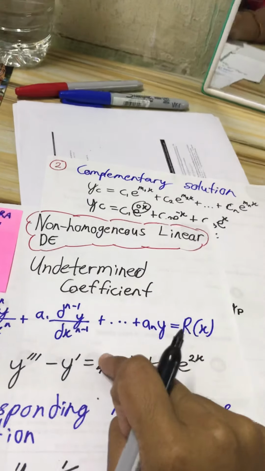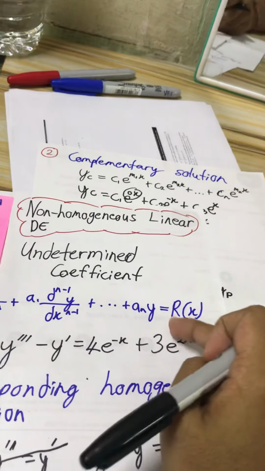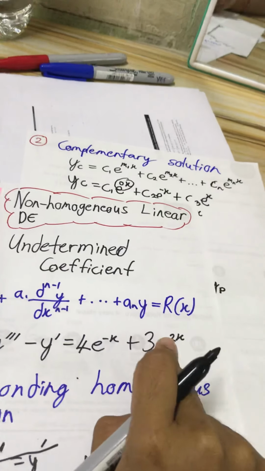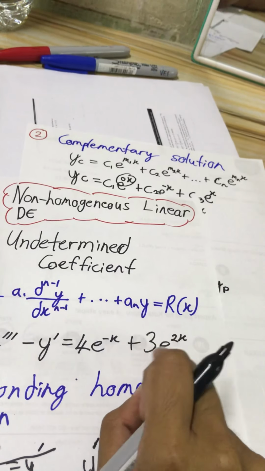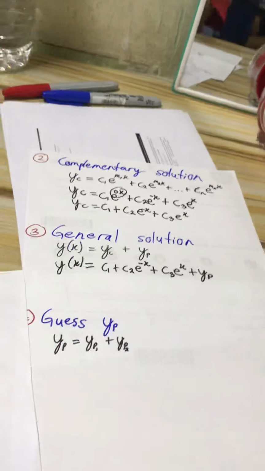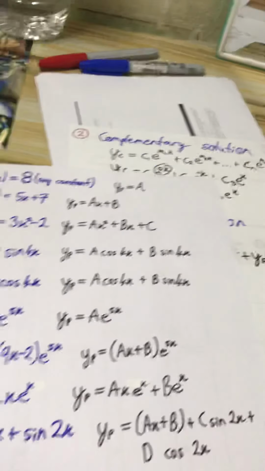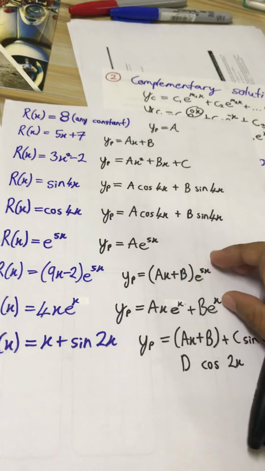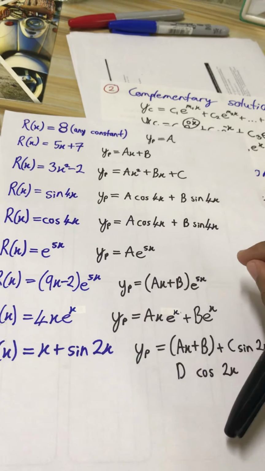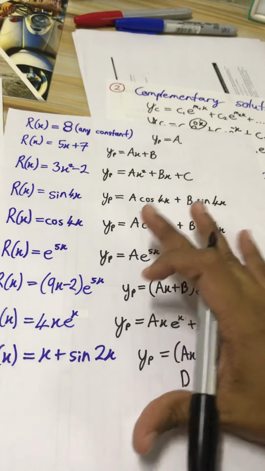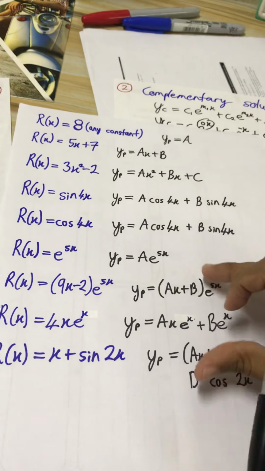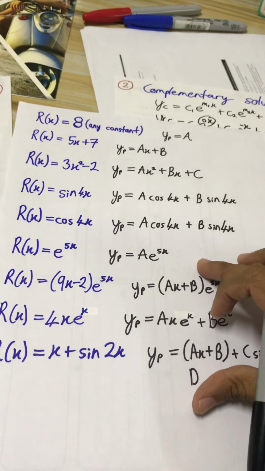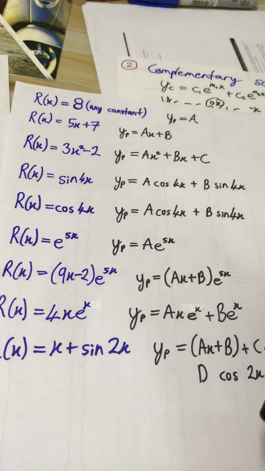The yp1 is the yp that we get from guessing this term, and then the yp2 is the yp that we get from guessing this term. So here is some example on the given yp and how we want to guess the yp.